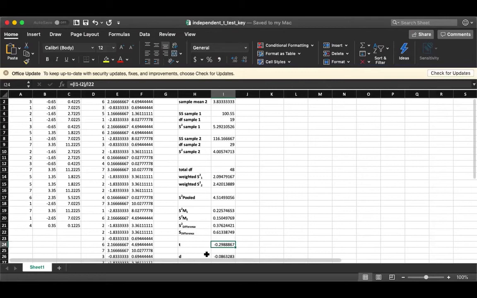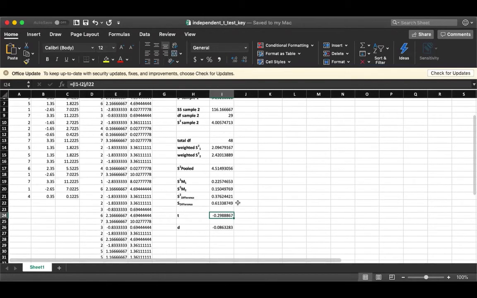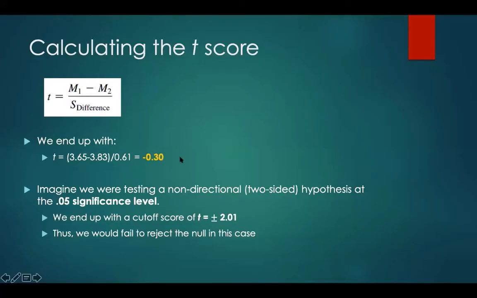So right here, this should be M1, which is the sample mean of sample 1, minus M2, sample mean of sample 2, divided by the standard deviation of the distribution of differences between means, which yields a t-value of negative 0.298 or negative 0.30. So we end up with that negative 0.30.